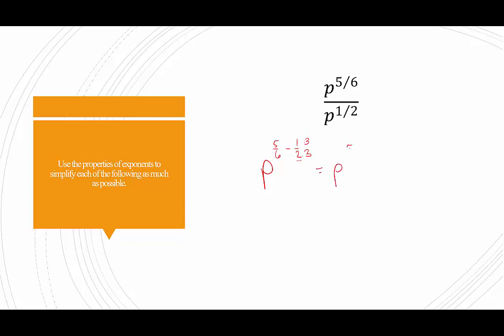So this becomes p to the 5 over 6 minus 3 over 6. Now we can subtract. 5 minus 3 is 2 over 6. We can simplify this to p to the 1/3. So p to the 5 over 6 divided by p to the 1/2 simplifies to p to the 1/3.